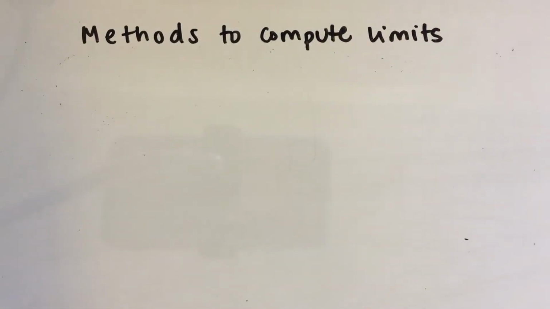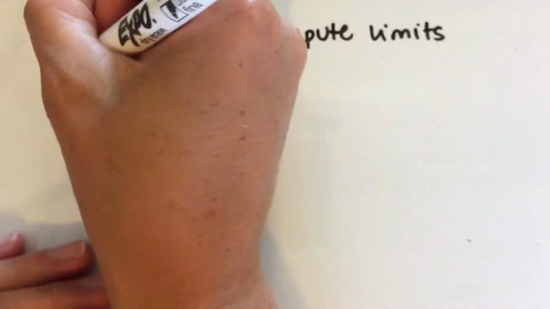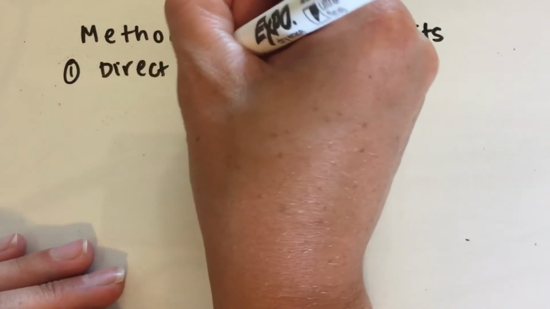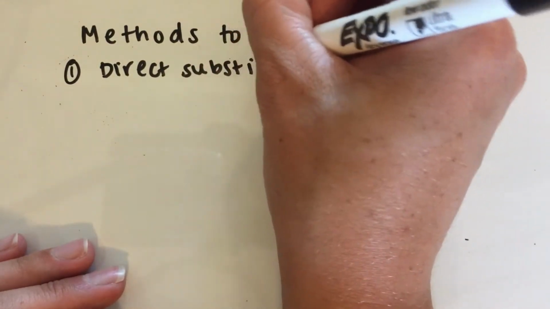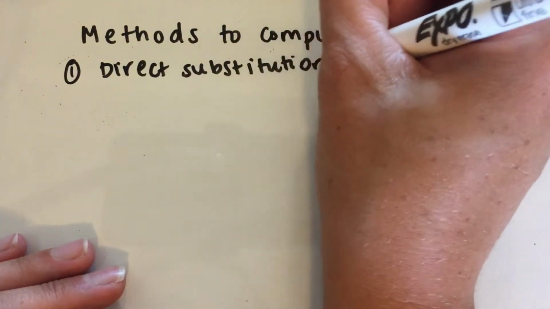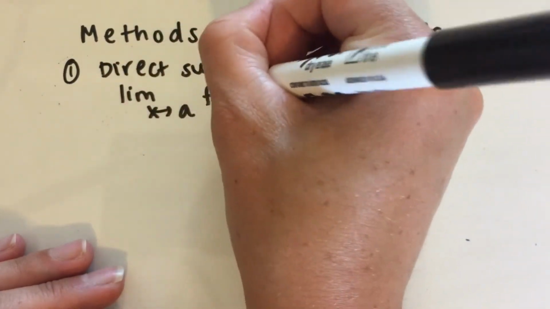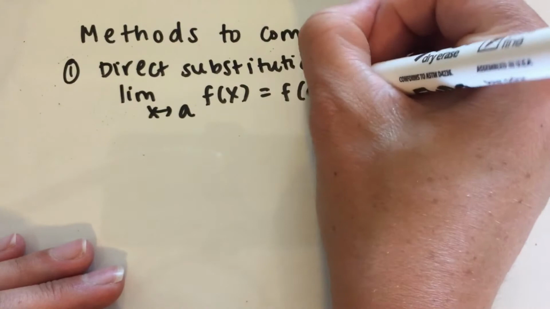In this video, I will be going over methods to compute limits. The first method is direct substitution. This is where the limit as x goes to a of f of x equals f of a.